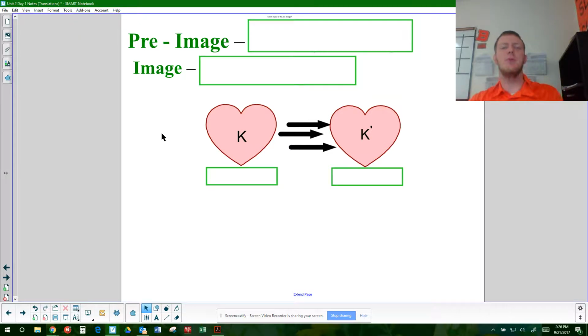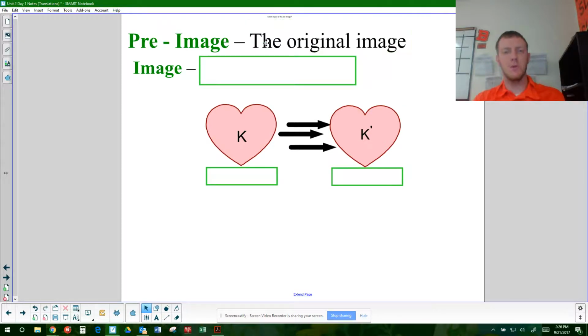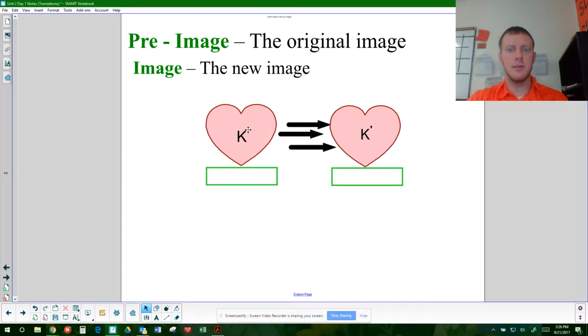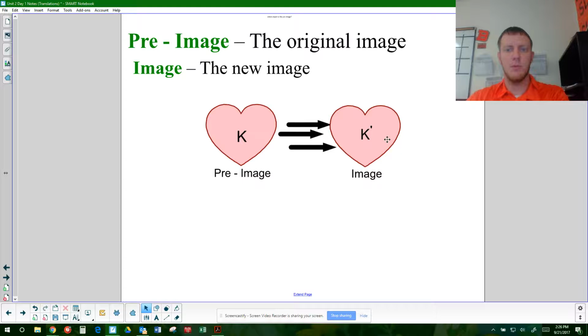All right, before we get started too much into these things, you have to know what a pre-image and an image is. The pre-image is before you alter anything. That is the original picture on your graph. The image, that is your new picture, all right? And we represent those with K's or with any letter, and when we do the image, this little symbol right here is called the prime.